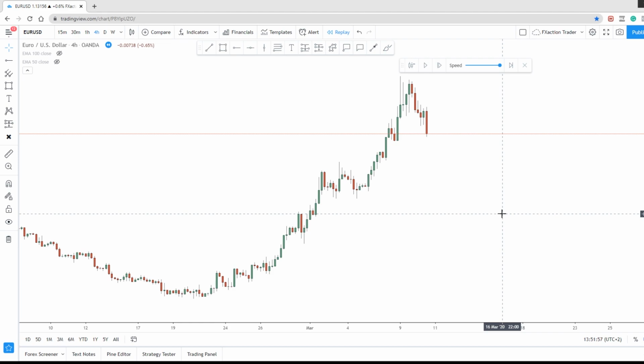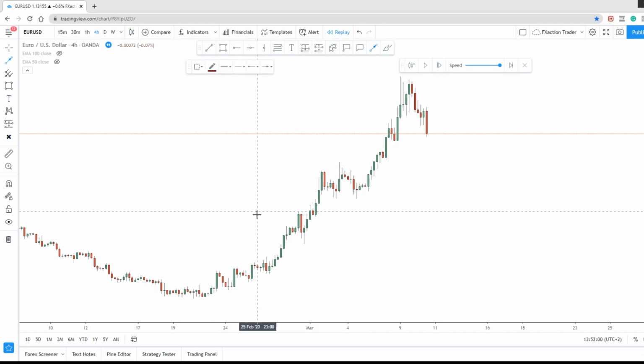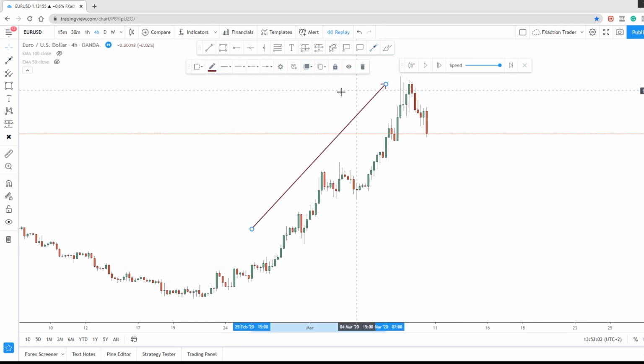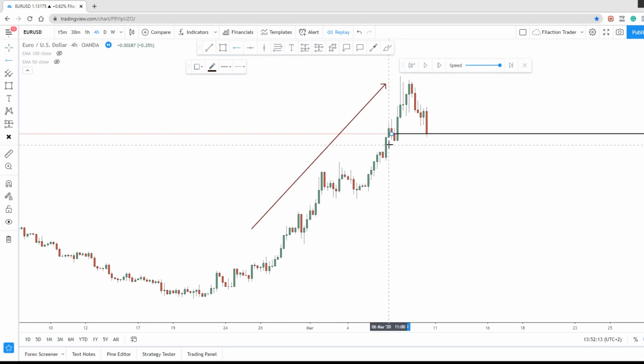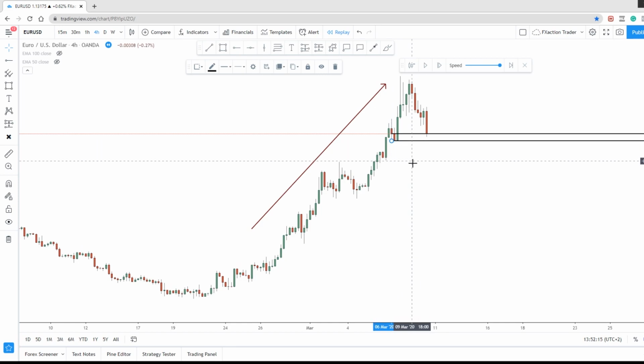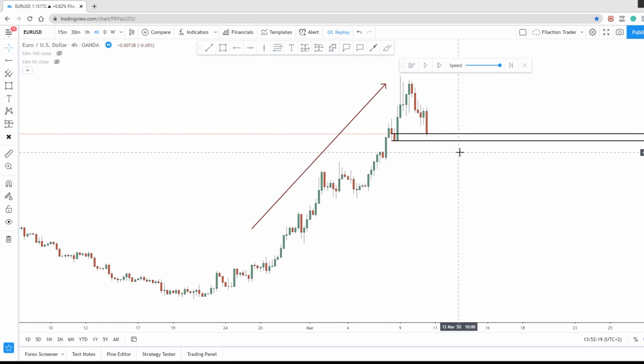So on this euro dollar H4 chart, we can see that market has now been in a very strong uptrend because market keeps creating higher highs and also higher lows. But if we look into details, we can see that market is now retesting the previous higher low structure at this level. So if this level was broken and market creates a new lower low below this level, we can confirm that market has now changed from an uptrend to a downtrend.